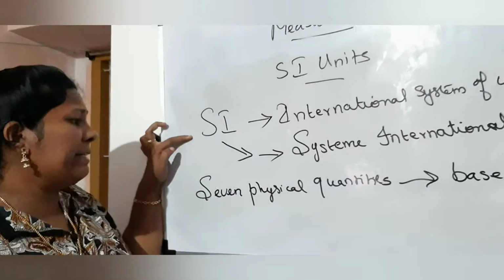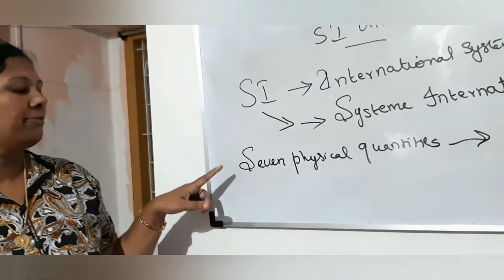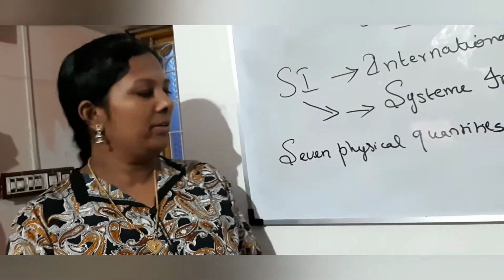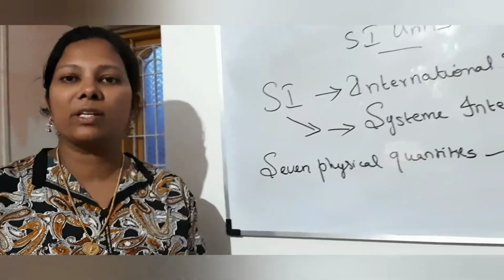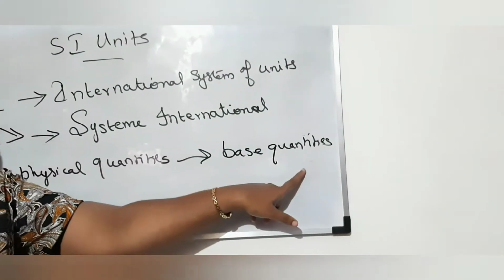So under SI system, the scientists in France in the year 1960, they selected 7 physical quantities as standard base quantities.